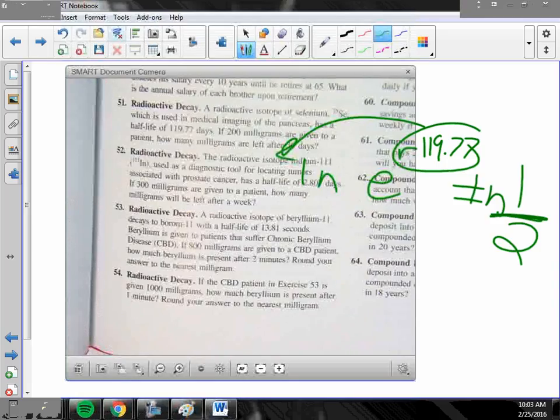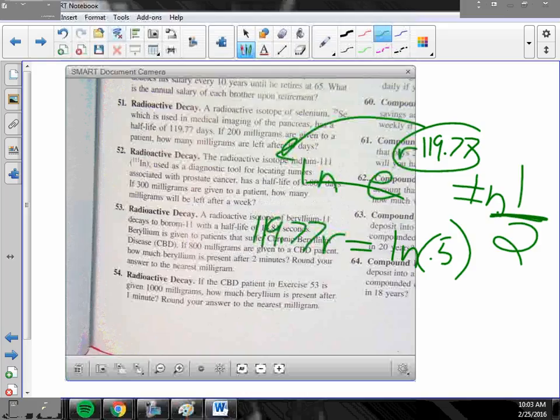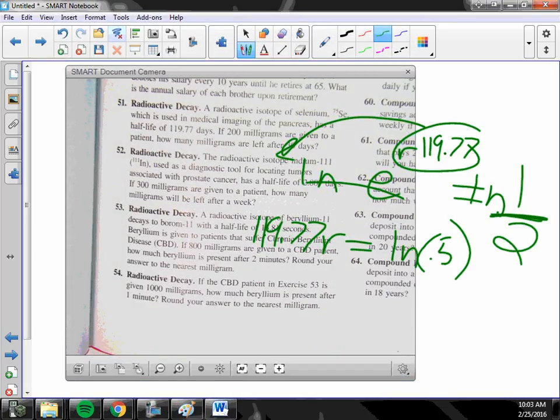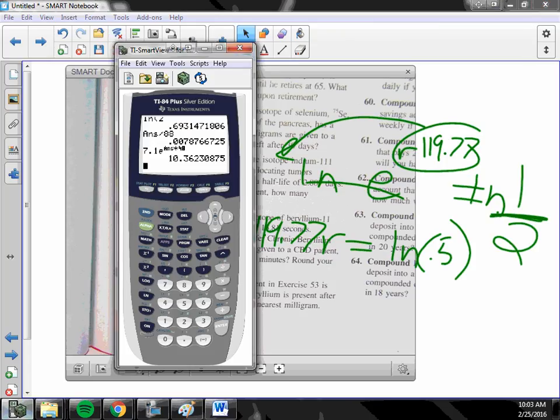So 119.77 R, and then the ln of e cancels, equals the ln of 0.5. I'm going to divide by 119.77. So ln of 0.5 divided by 119.77.